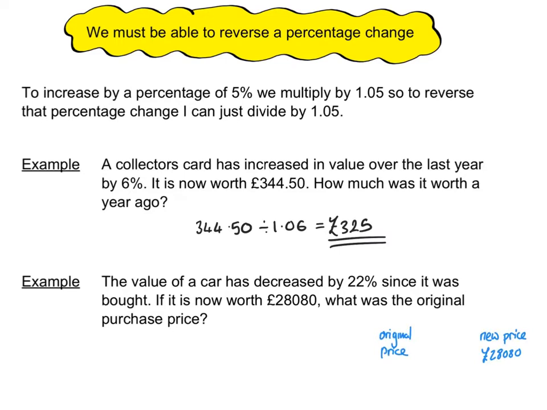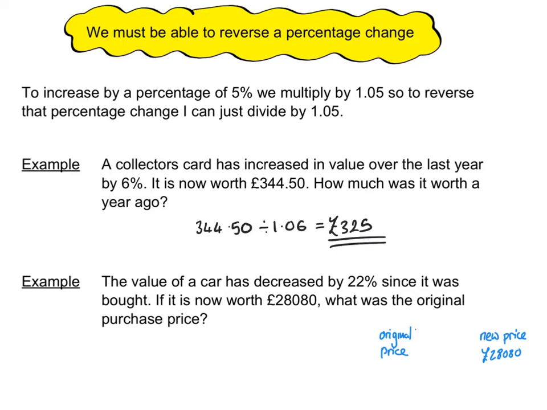So let's look at this diagram down at the side here. So we have an original price, which we don't know, but what happened to that original price is somebody decreased it by 22% to give us this price. So how would you decrease something by 22%? Well, if you take 22% away from 100%, you're left with 78%, and we know the multiplier for that is 0.78.